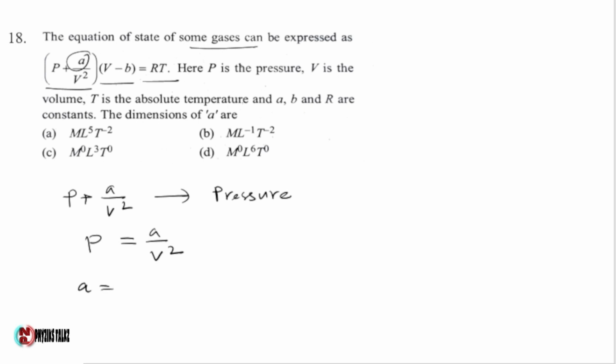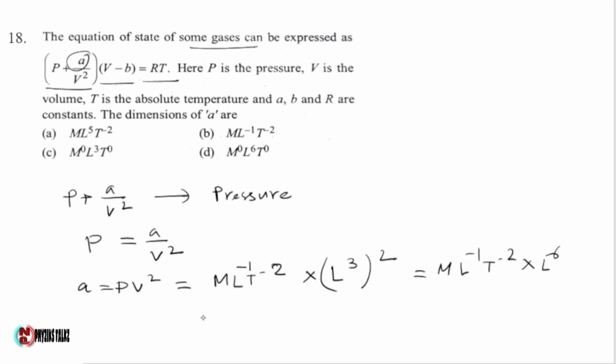Now A equals P V squared, which gives M L inverse T minus 2 into L cube whole squared, which gives M L inverse T minus 2 into L to the power 6, which gives the dimensional formula as M L to the power 5 T minus 2. So the correct option is option A.